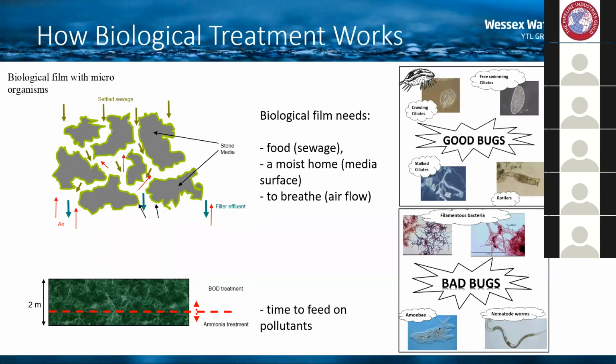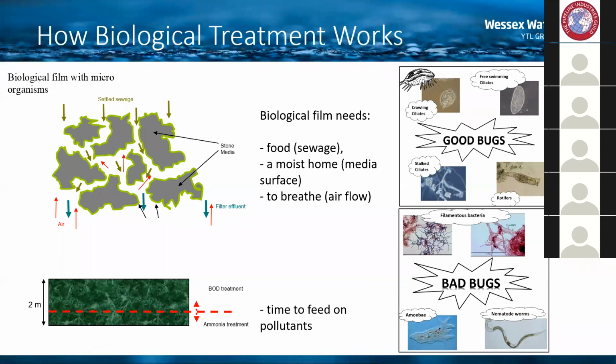So how does this biological treatment actually work? What happens is you get a biofilm, a biomass growth on the surface of the stone media. And that biofilm typically needs 3 key things to survive and grow healthily. It needs food, and that's provided by the sewage.